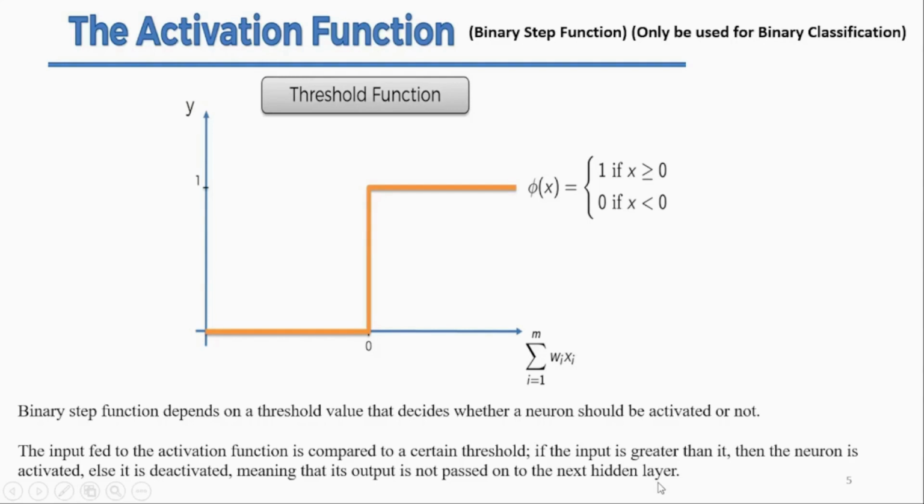So in simple real life examples, if you put your hand on some iron, or any heated thing, and you decide a threshold value, what will be the threshold value here? If you feel unbearable heat, then you lift your hand and leave it.